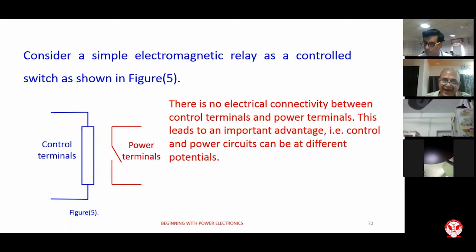So I can have my control circuit operating at a different potential with respect to the power circuit. Means I can touch, I can handle my control circuit, I can connect my measuring instruments in control circuit without really bothering what is the potential on the power circuit part. So it's a great advantage in this particular switch structure where control terminals and power terminals are different.